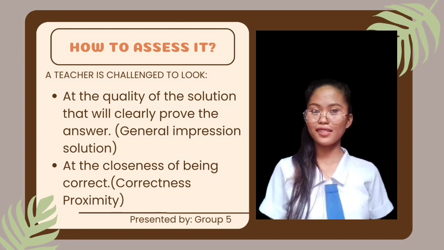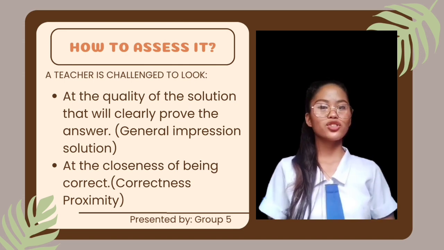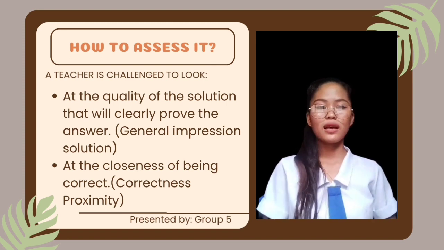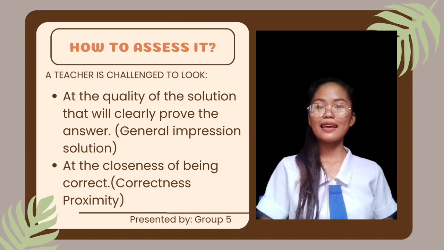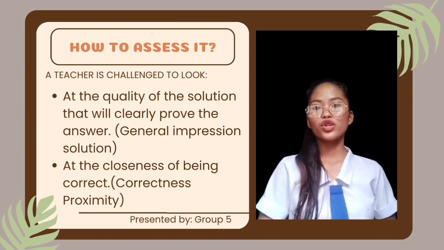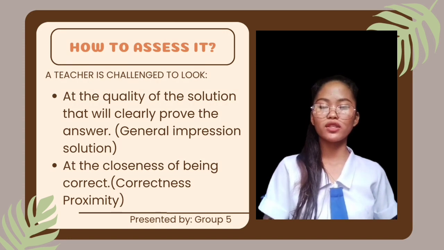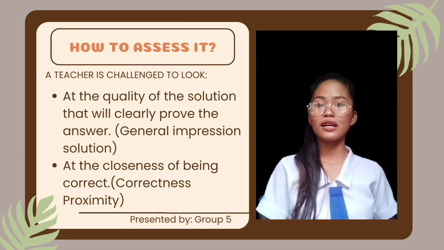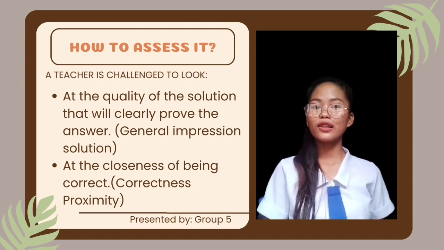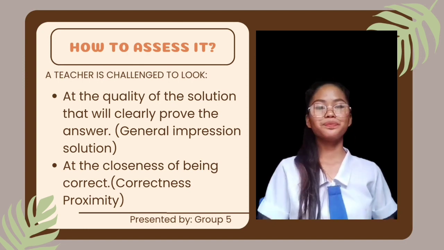Am I right? So, it is a challenge to all mathematics teachers on how they are going to assess their students' problem-solving outcomes. However, it is said here that by looking at the quality of the answer, which serves as the general impression of the solution, a teacher can check for correctness, proximity, and the closeness of being correct.